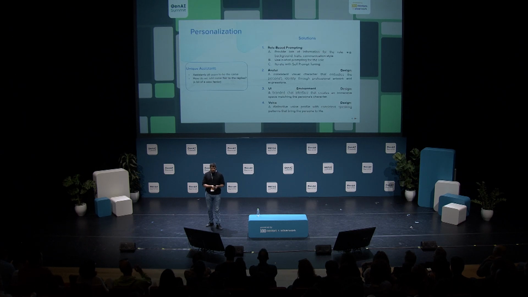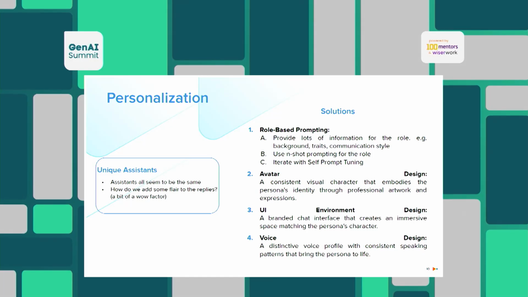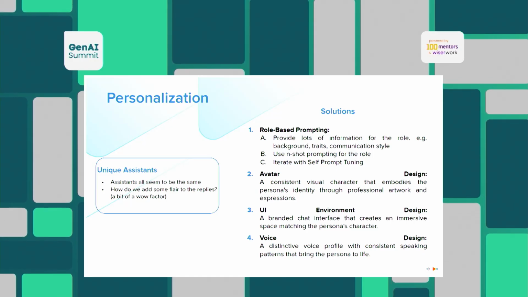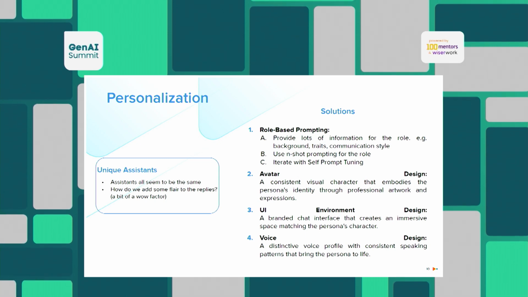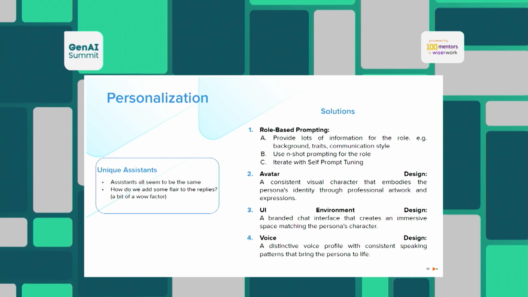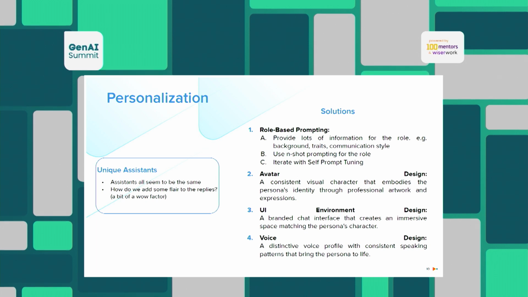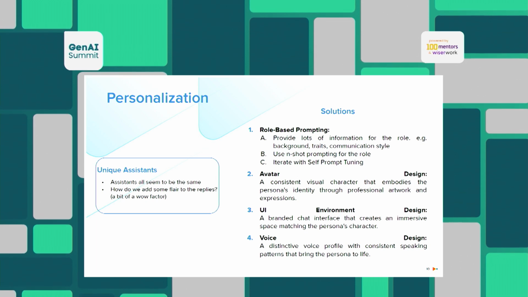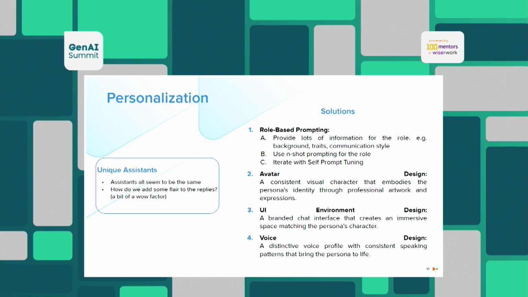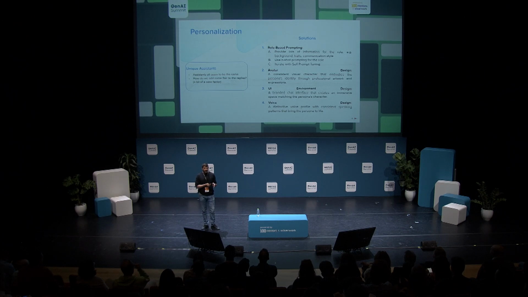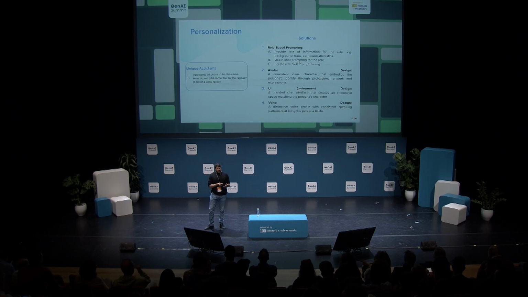Now, the next topic is personalization, and here I mean how do you make the assistant unique and different from just another assistant that speaks in the same way, and how you can add a bit of a wow factor as well. And the answer here is both on the prompting side, where you can add role-based prompting and give it a persona with examples and a backstory, and that's going to help it give you a much more unique and personalized reply.